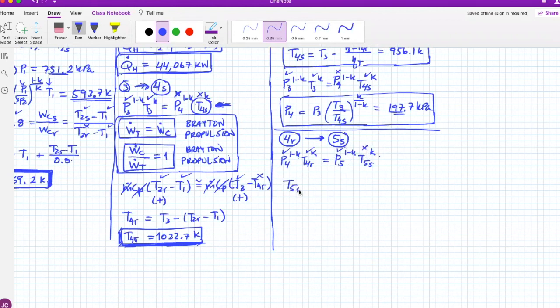Therefore, T5S equals P4 divided by P5, to the power 1 minus K divided by K, times T4R. Hopefully I'm not messing up with so many 5s and Ss and reals. With this, I get that T5S is actually 607.8 Kelvin.